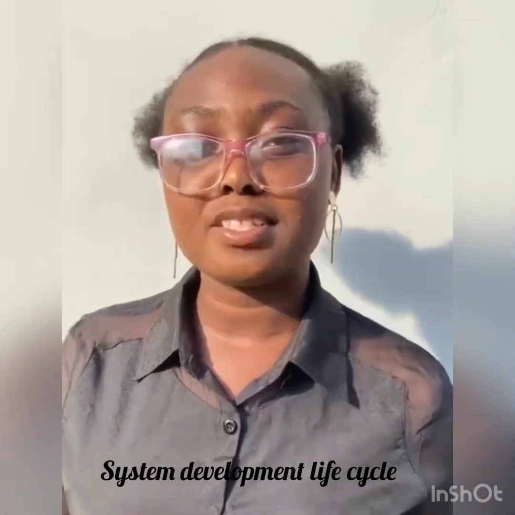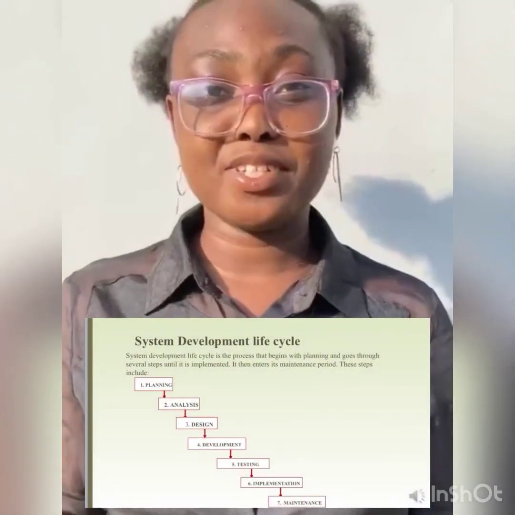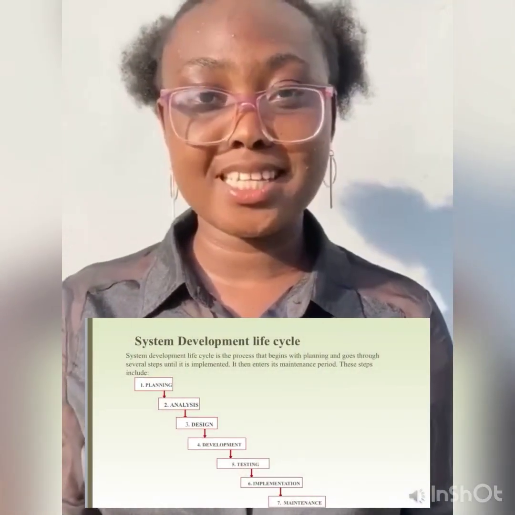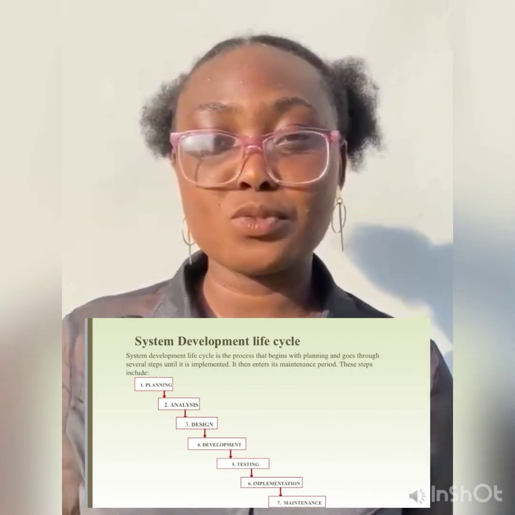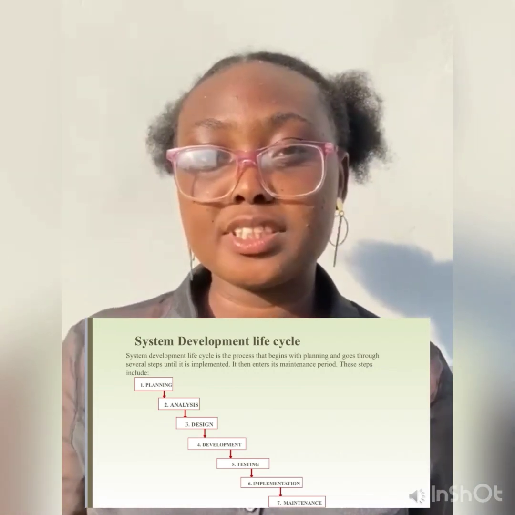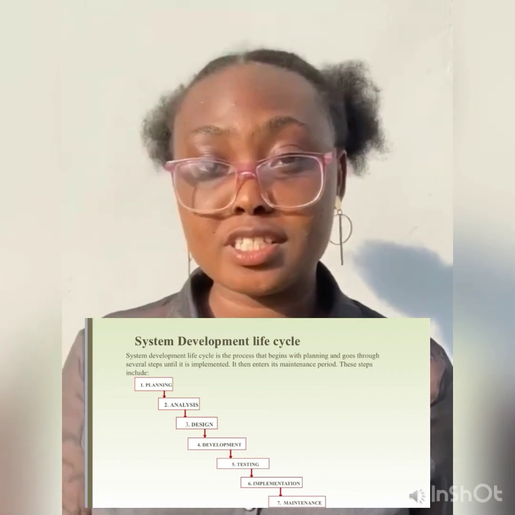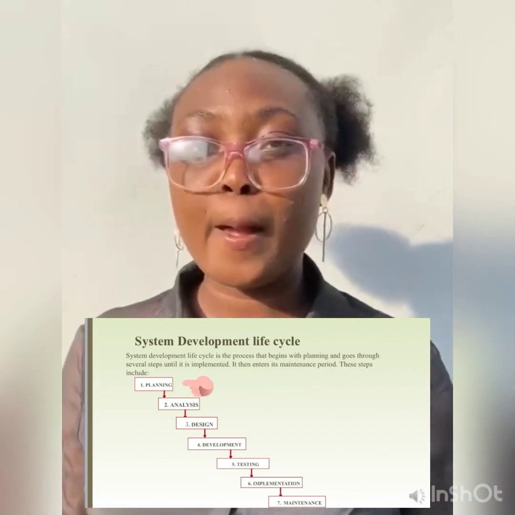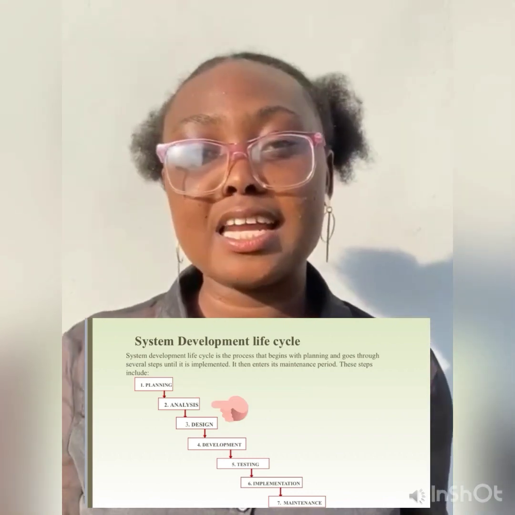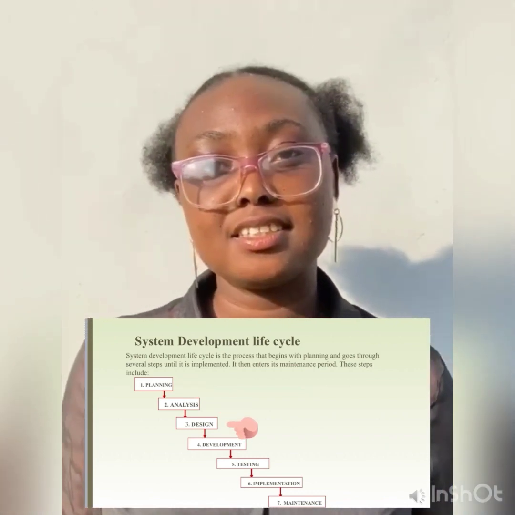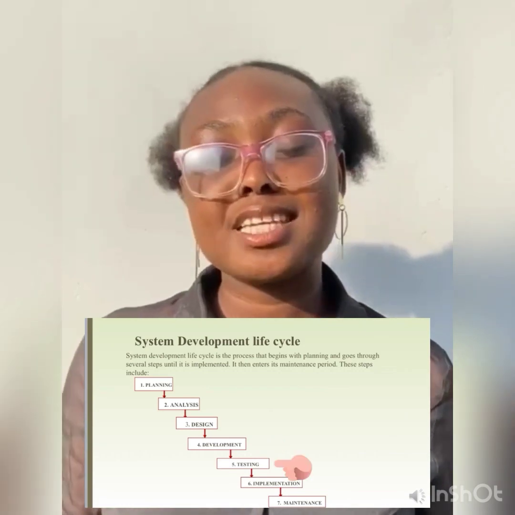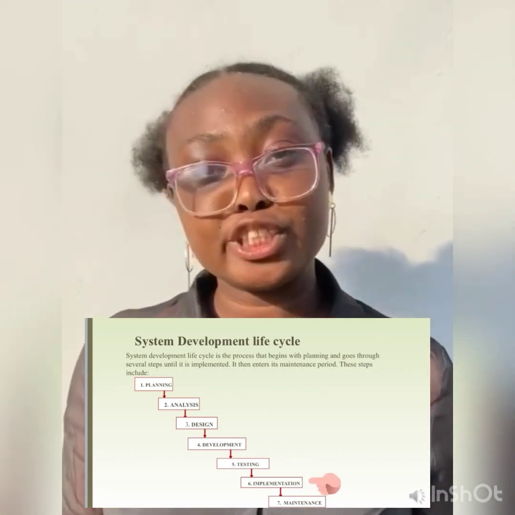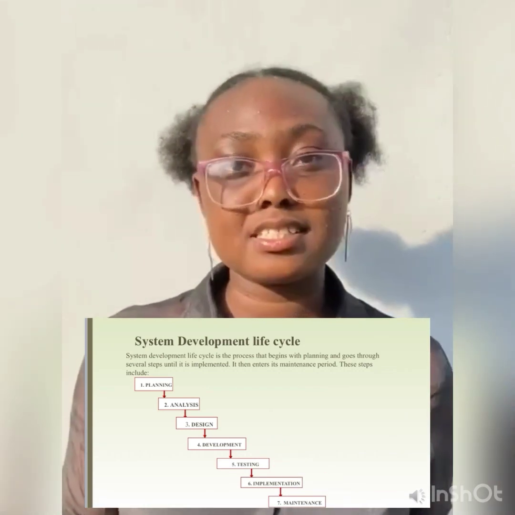System Development Lifecycle. System Development Lifecycle is basically the process that begins with planning and goes through several stages until its implementation. These stages include planning, analysis, design, development, testing, implementation, and maintenance.